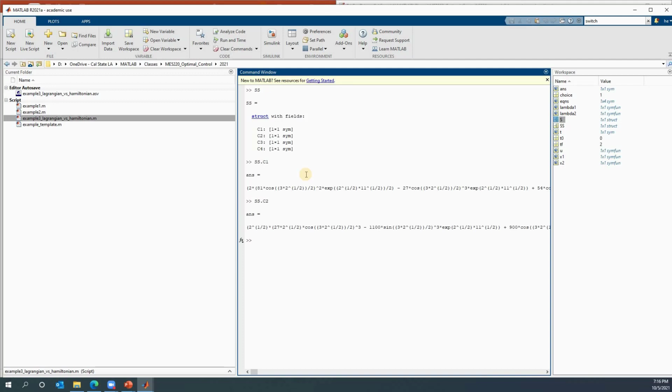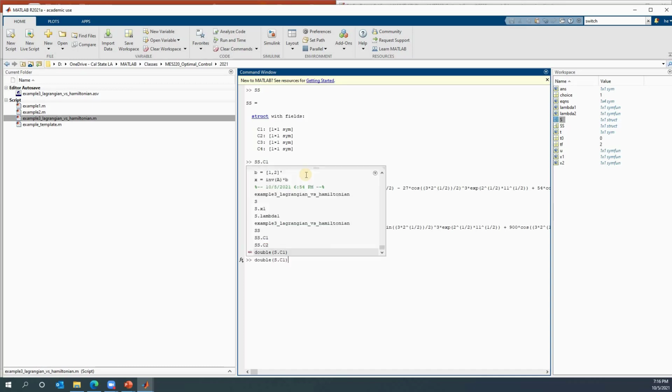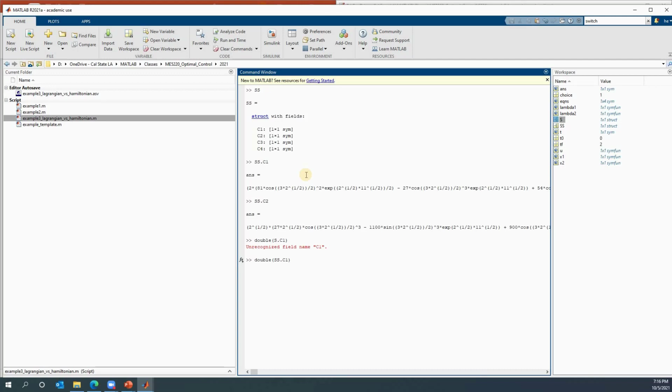It's not approximated by using a value yet, but we can convert that to a value if we want. Let's convert c1 to a value. Oh, sorry, I wrote it wrong. So this sol.c1, that long expression, is 2.1954.